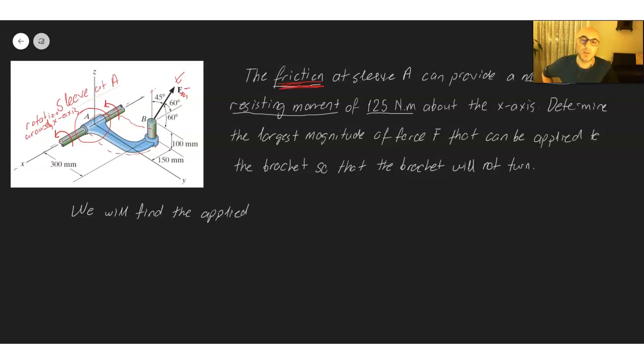We have the resisting moment of 125 here, and we need to find the applied moment around the x-axis, and that's due to force F. So that's what we want to do.